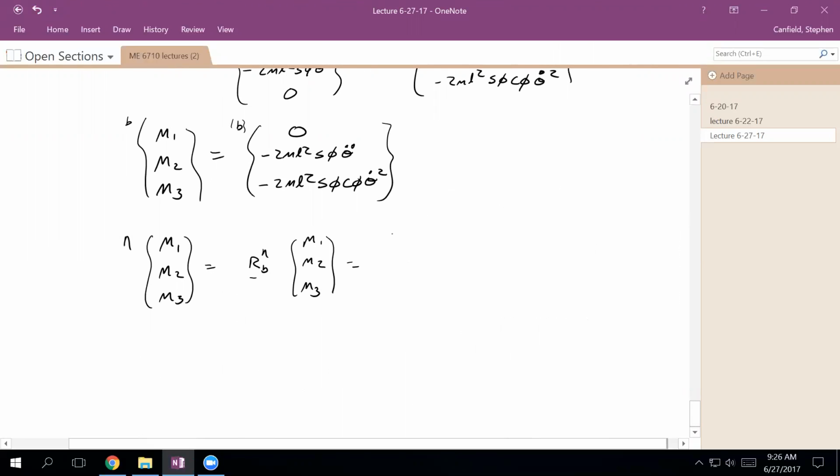When you write this out, you'll see you get a 2mb squared sine squared phi theta double dot, not BL.